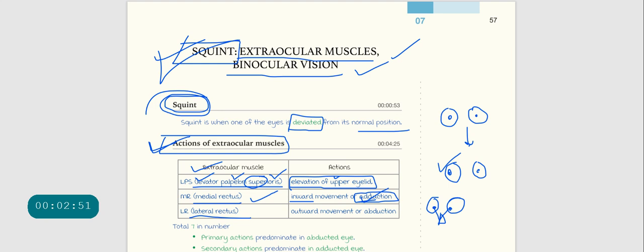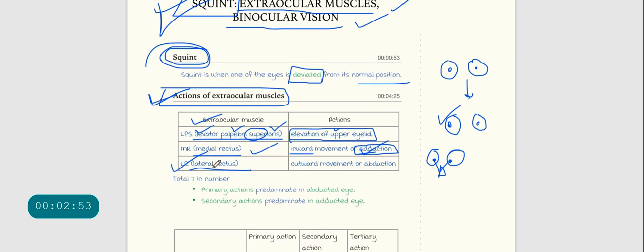And the next muscle that comes is the lateral rectus muscle. It is used for the outward movement or abduction of the eye. So when this phenomenon is reversed, and you are looking in this direction, this is nothing but abduction.